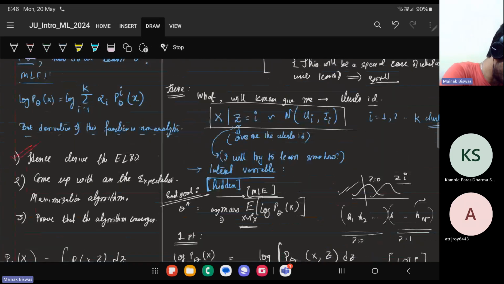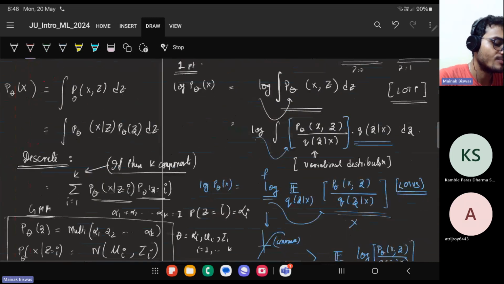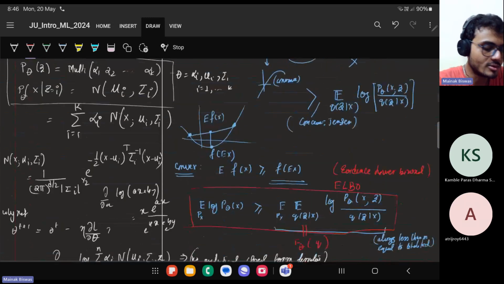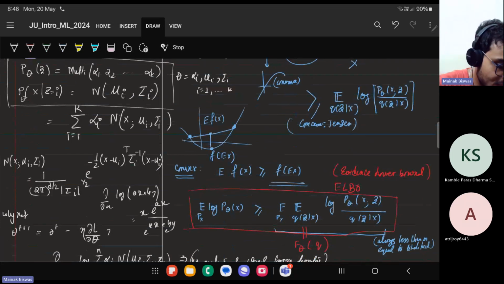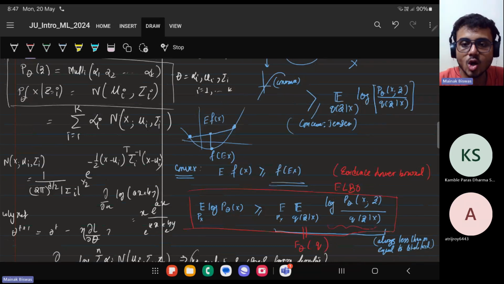So I have derived what an ELBO is. Now we'll see how to solve the ELBO and why it is useful. Now it is simply like solving log likelihood. All the expectations are outside, and you can approximate them by summations. There are no summations inside the log anymore.